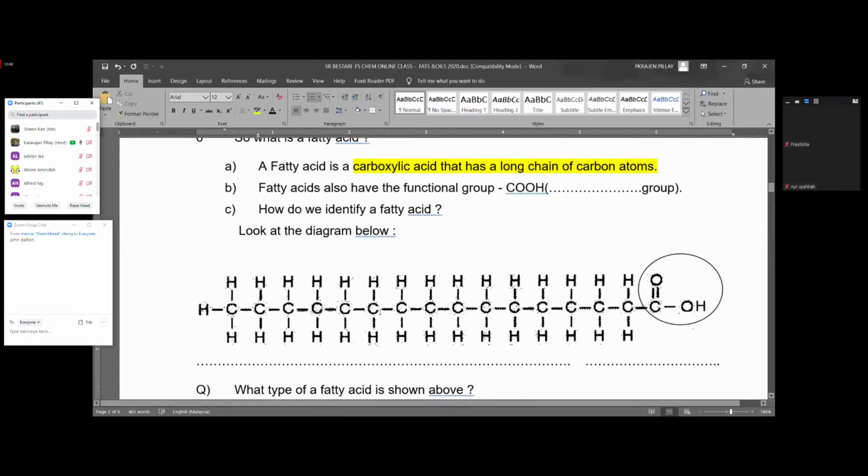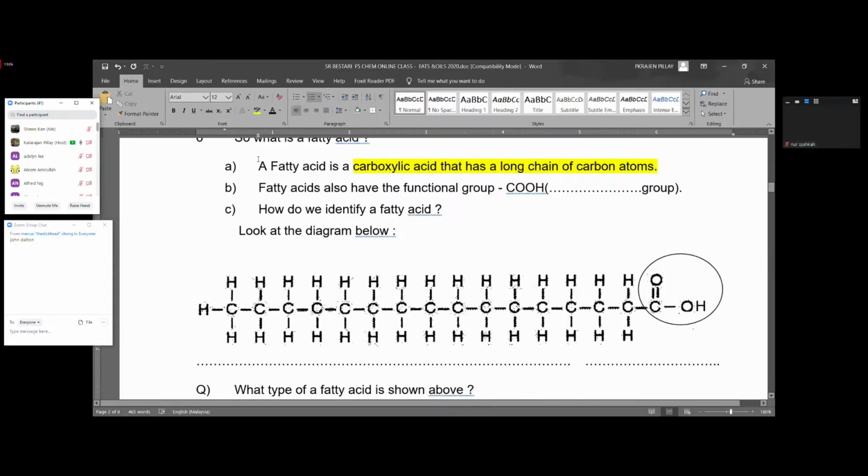A very long hydrocarbon chain, all single bonds. Let's count: 2, 4, 6, 8, 10, 12, 14, 15. 15 carbon atoms. So we don't call it a carboxylic acid, we say fatty acid. But it actually is a carboxylic acid because it has a functional group. Can you see the COOH?